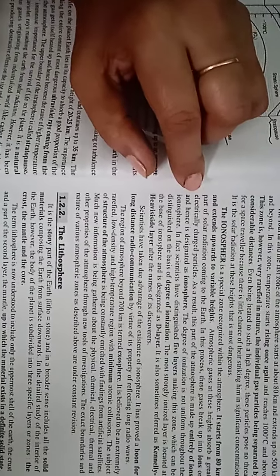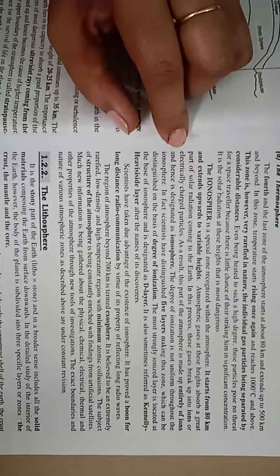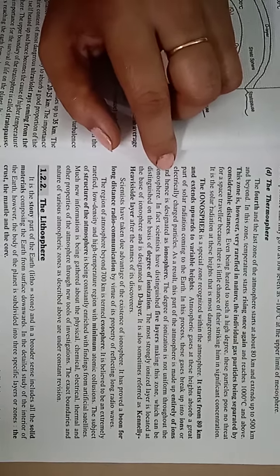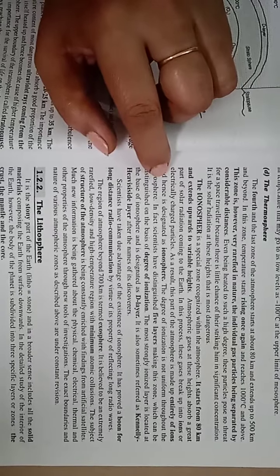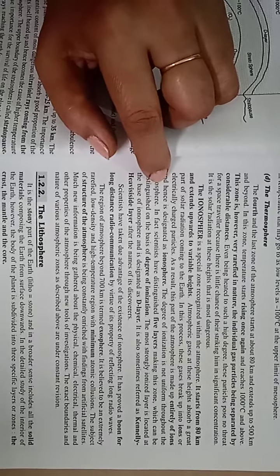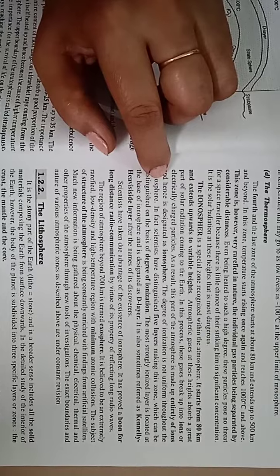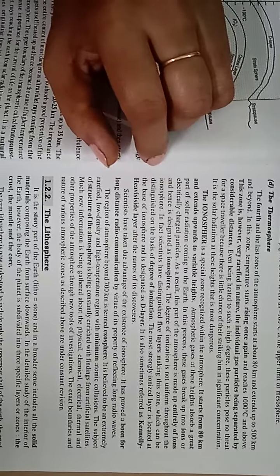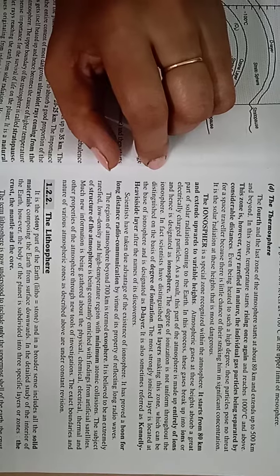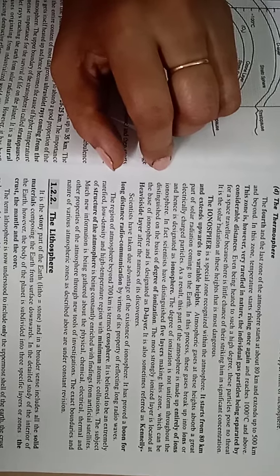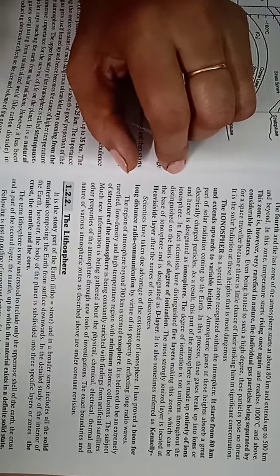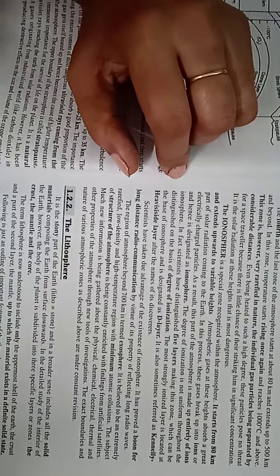In this process, these gases break up into ions, or electrically charged particles. As a result, this part of the atmosphere is made up entirely of ions and hence is designated as the ionosphere. The degree of ionization is not uniform throughout the ionosphere.